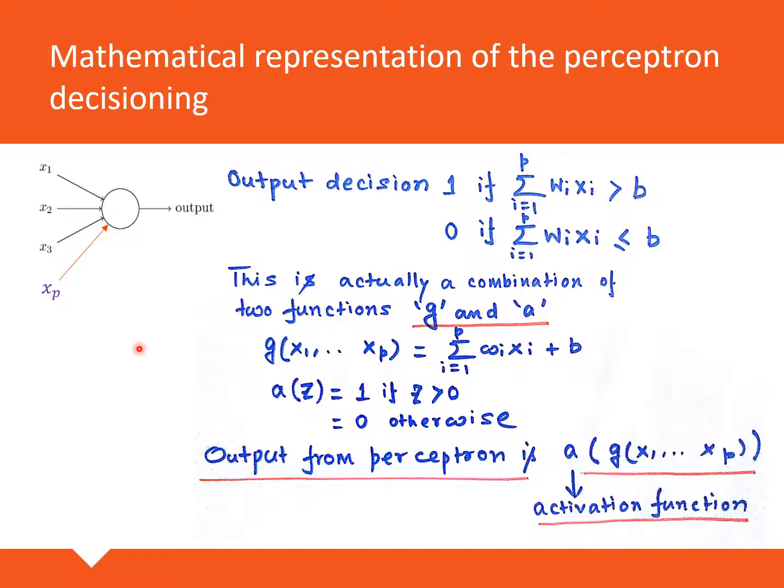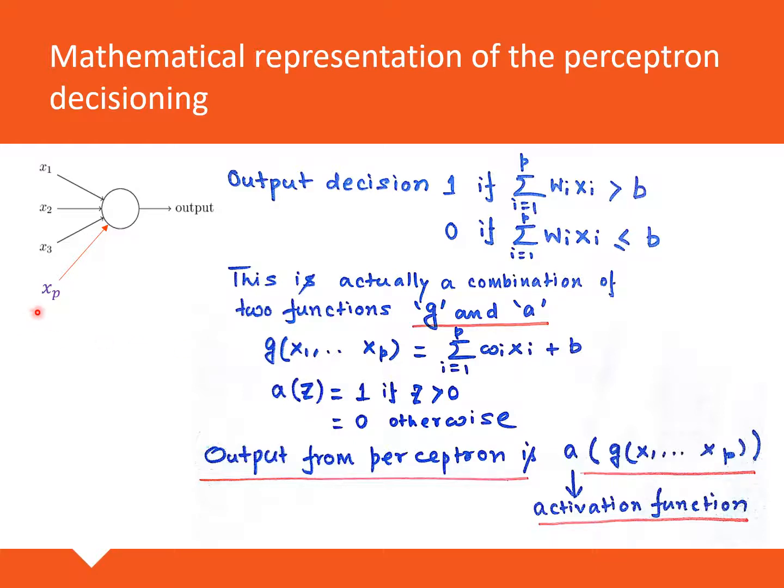Okay, so if I summarize, what did we look at in this video? We looked at how perceptrons can be combined to arrive at something that is called the neural network, and then we looked at the structure of the feed-forward neural networks and how we can make them more complex by adding layers of perceptrons.